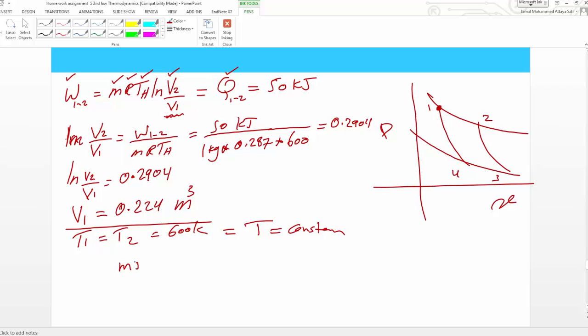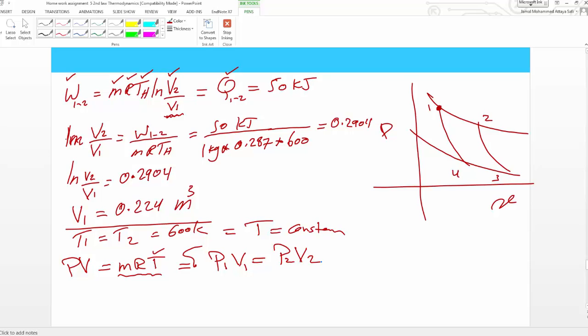and mRT equals PV, that we know. So if this is constant, it means the whole thing here is constant from 1 to 2, which means that I can actually write P1 V1 equal to P2 V2.